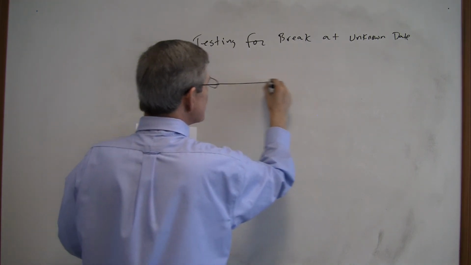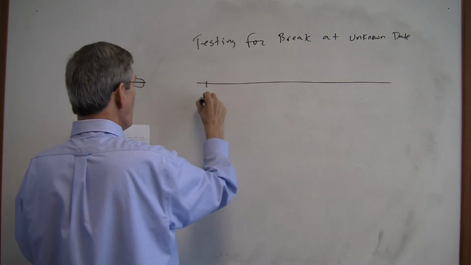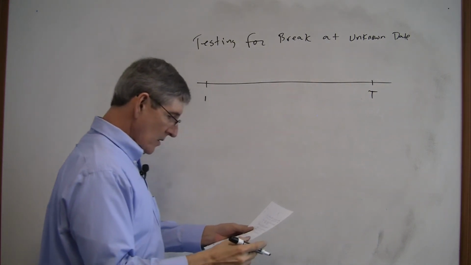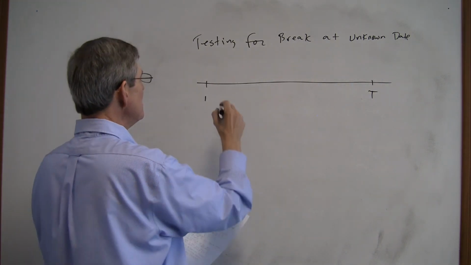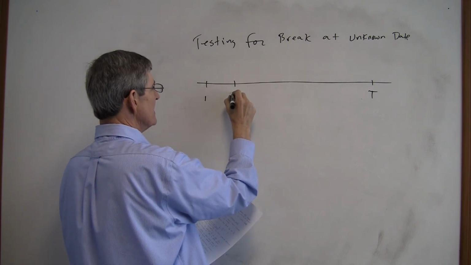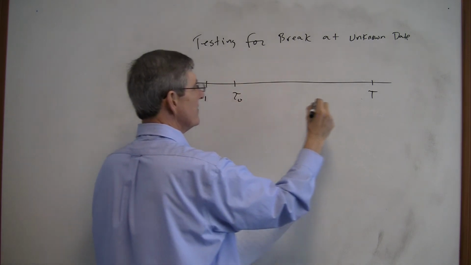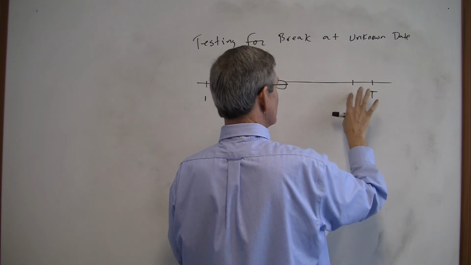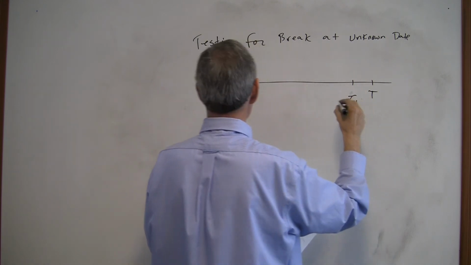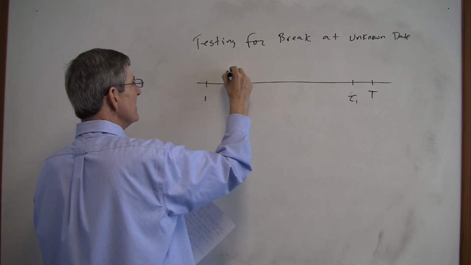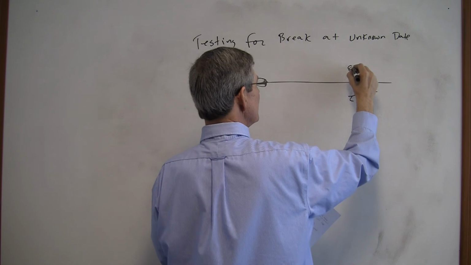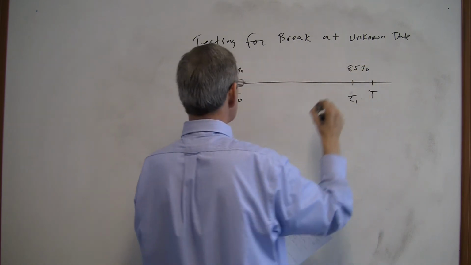You have this data set that goes from 1 to T. What we're going to do is set these two limits, tau 0 and tau 1. Usually tau 0 is at 15% of the data, and typically tau 1 is at 85%.